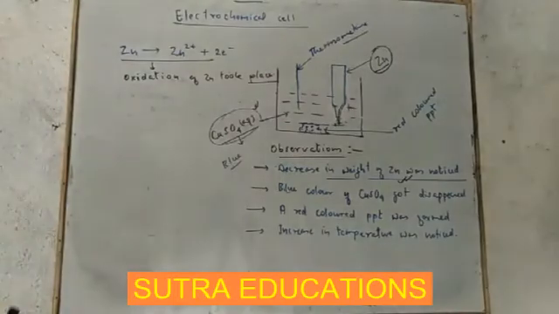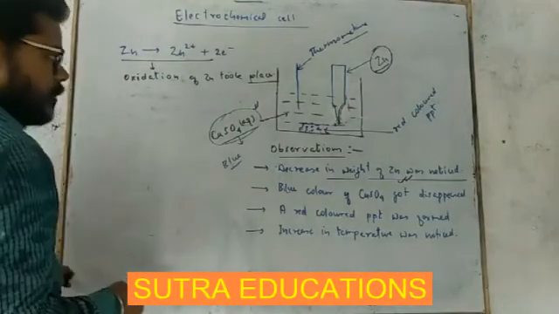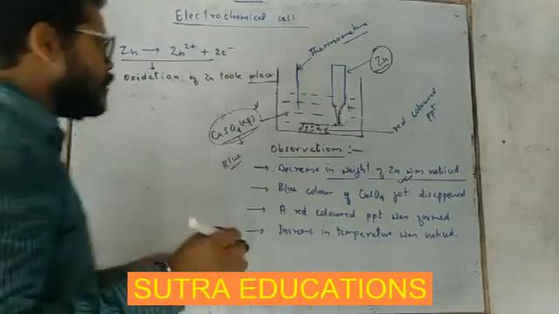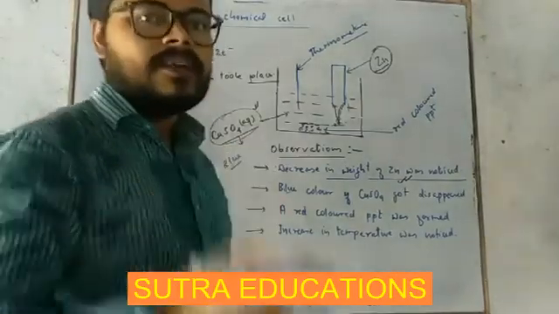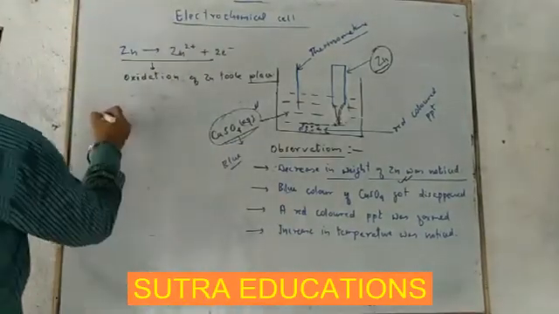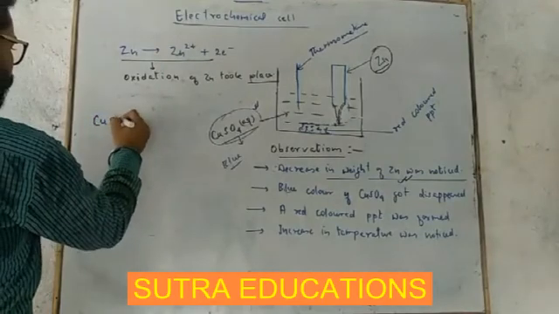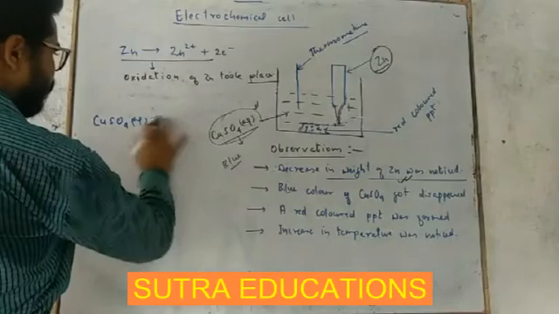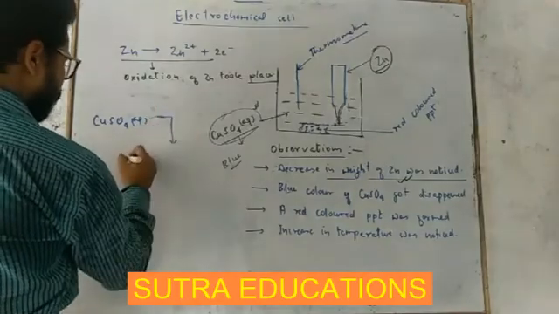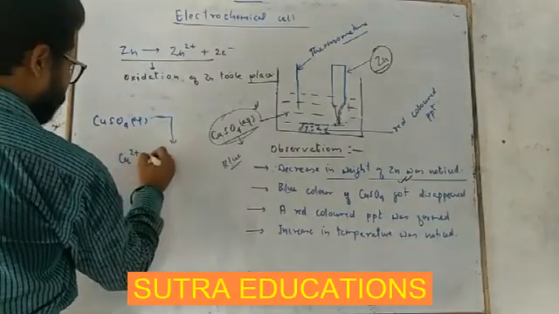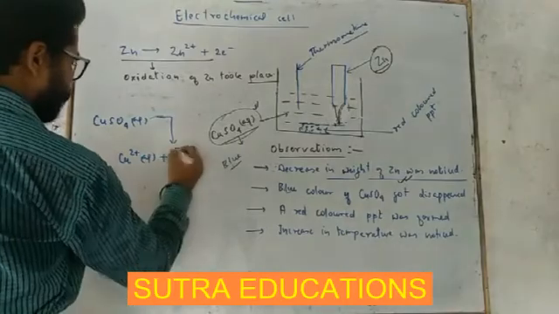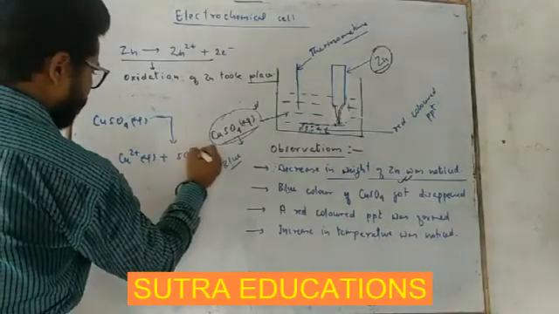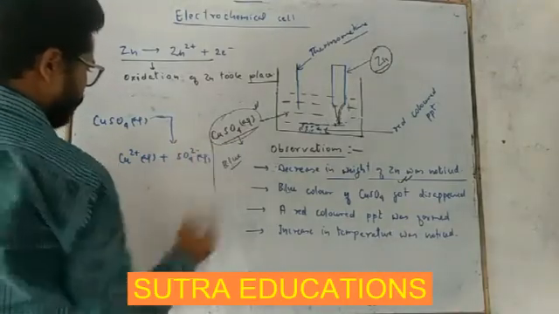Copper sulfate, CuSO4, is an electrolyte, and when it is dissolved in water, it will ionize or dissociate. So aqueous copper sulfate dissociates into Cu2+ aqueous plus SO4 2- aqueous.